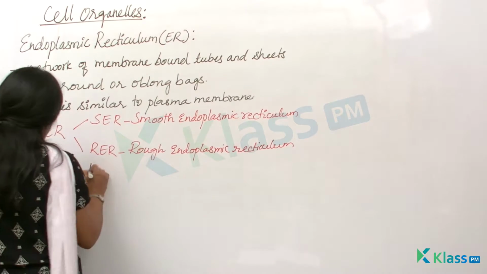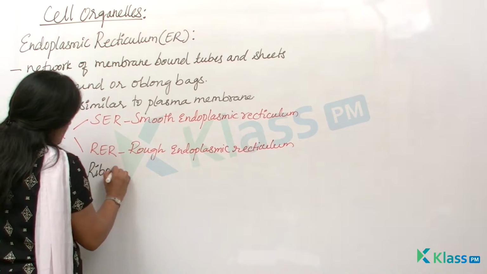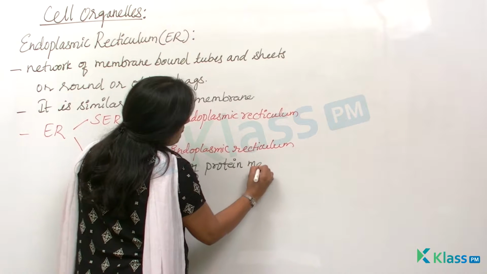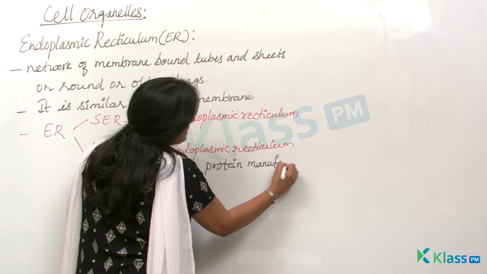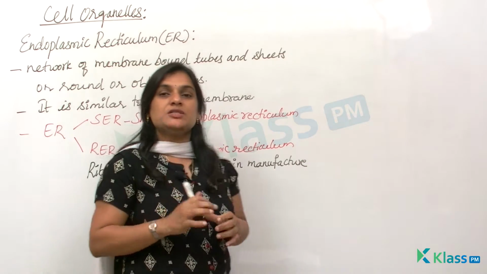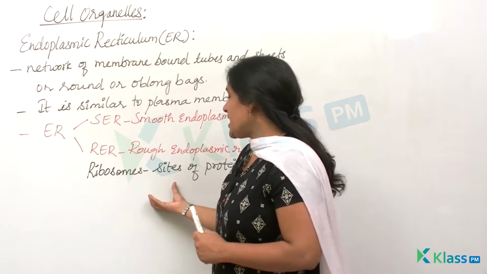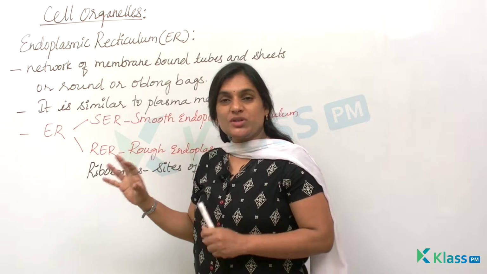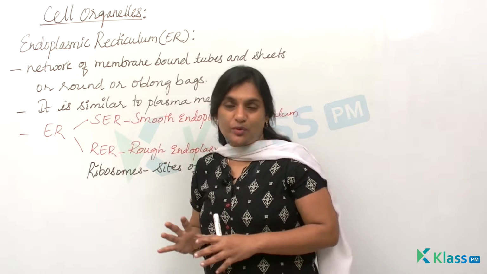These ribosomes are sites of protein manufacture. That means the RER synthesizes protein in the cell. As they have ribosomes, these are always concerned with the synthesis of proteins.